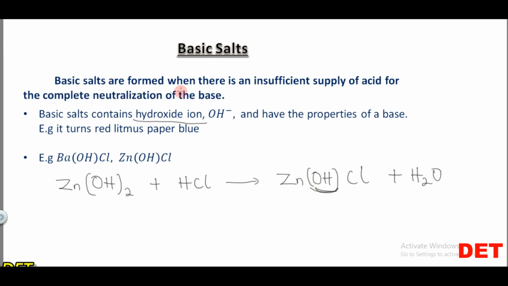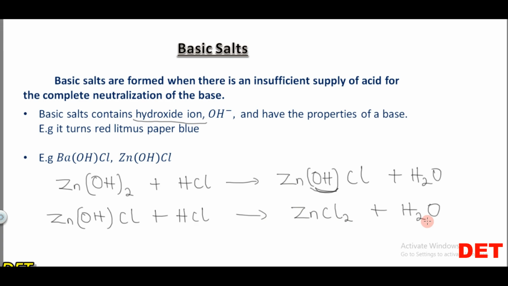Again, basic salts are salts formed when there is an insufficient supply of an acid for the complete neutralization of a base. If you react this basic salt, zinc hydroxide chloride, with another molecule of hydrochloric acid, it will form zinc chloride plus water.